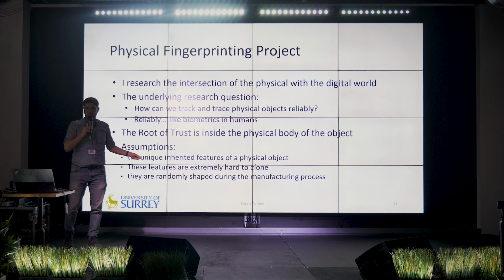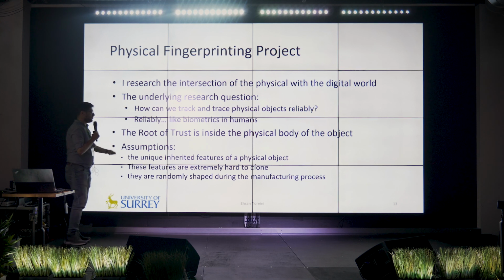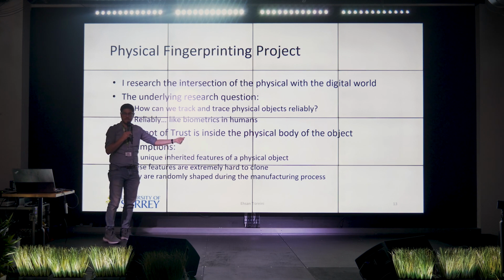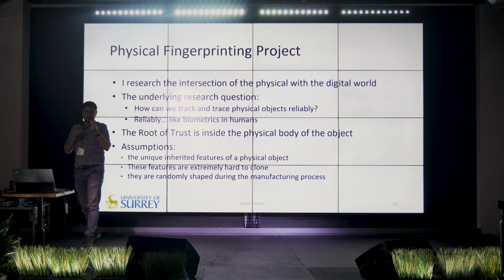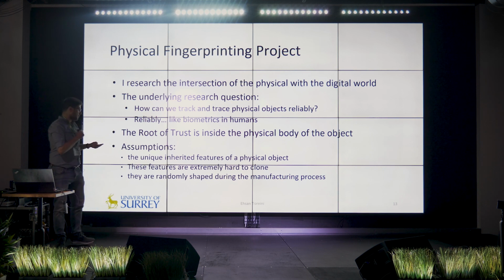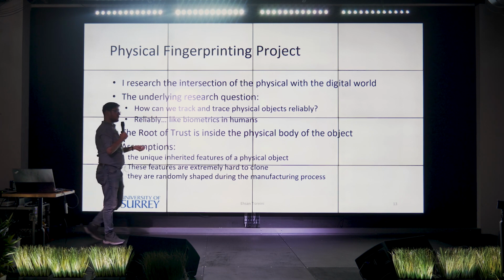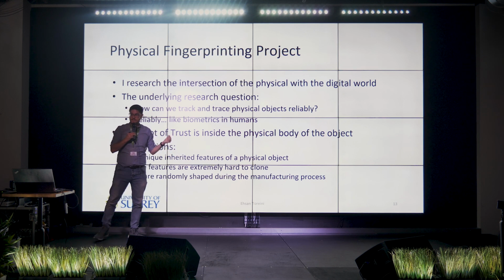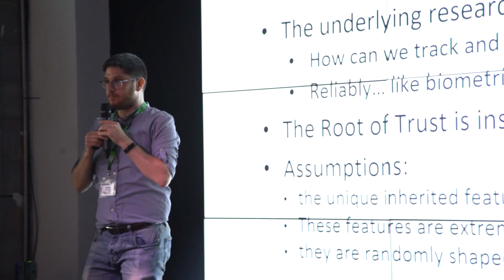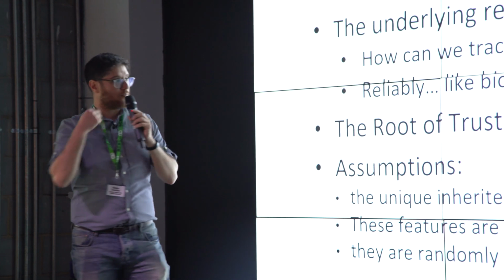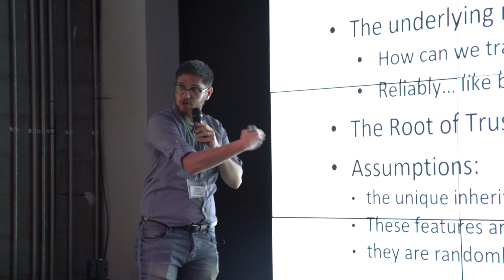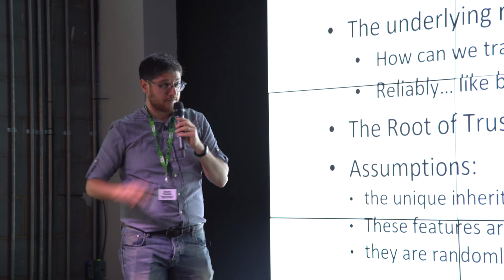There are three assumptions on that. We want to find unique features in physical objects that are, first, randomly generated during the manufacturing process, and second, extremely hard to clone. These two characteristics are exactly what I am looking for in a physical object to authenticate it.